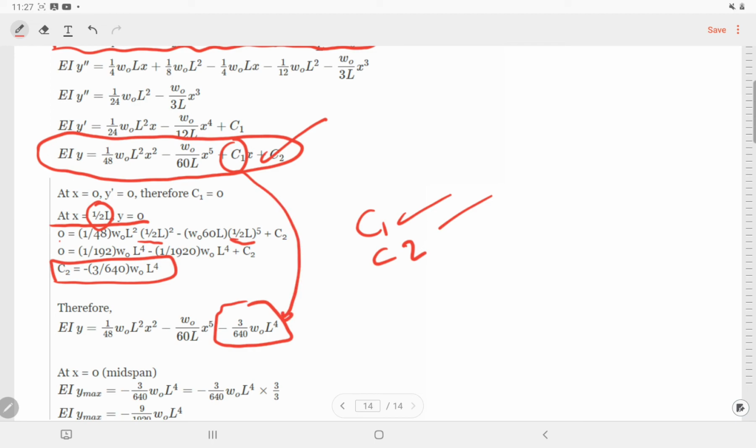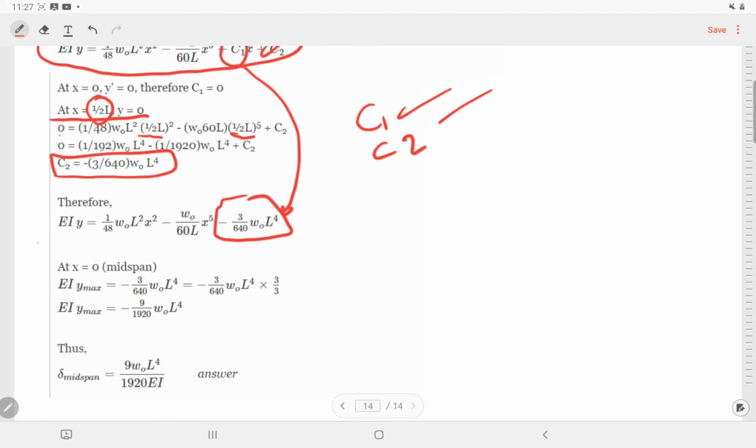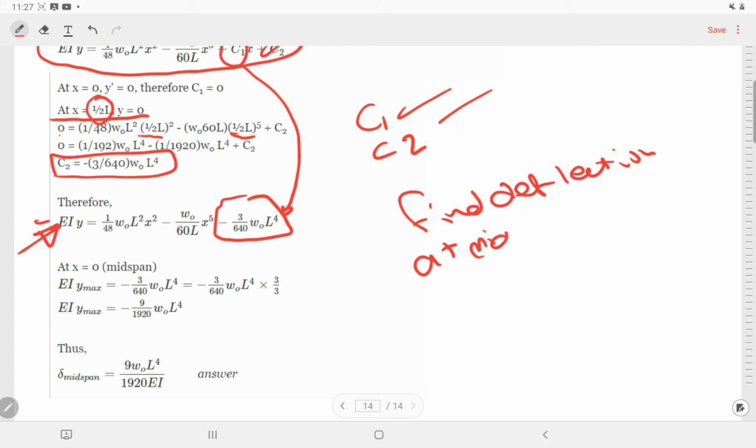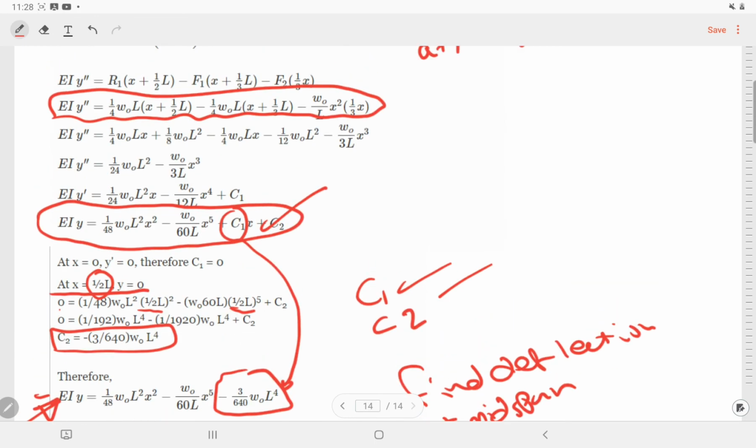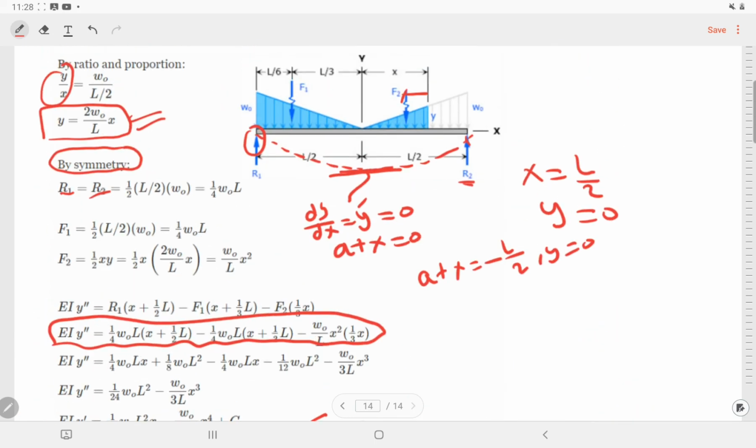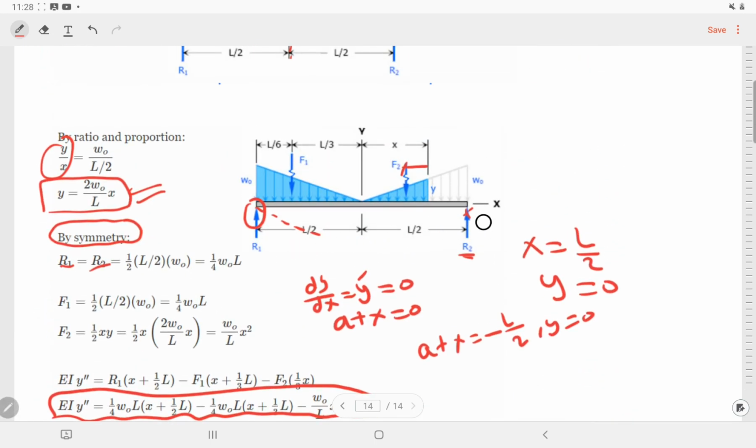Then the final equation for the deflection is this one. What he said is to find the deflection at midspan. How much is x, if you can see here, you assume that the x starts from the midspan, correct?